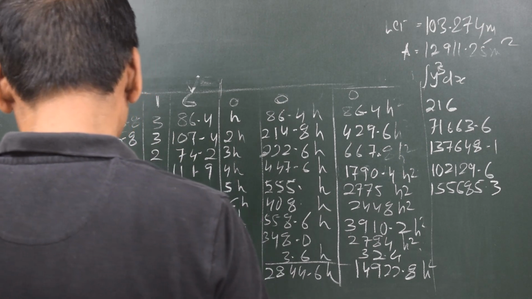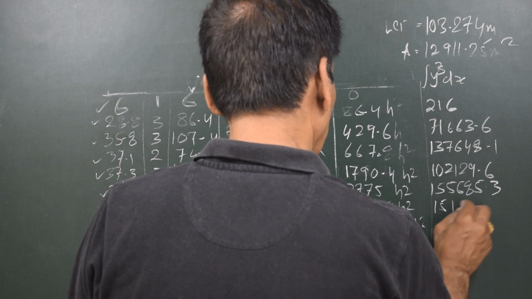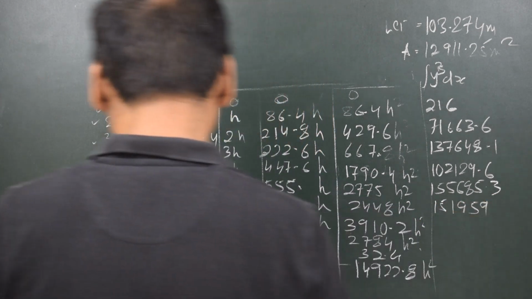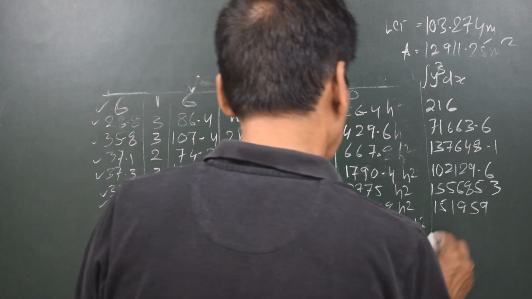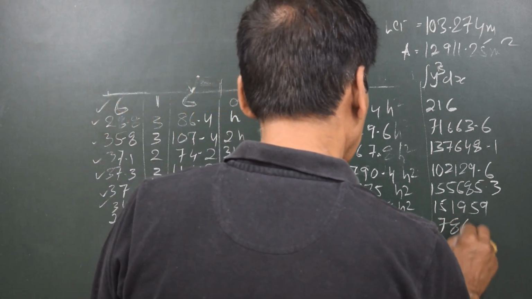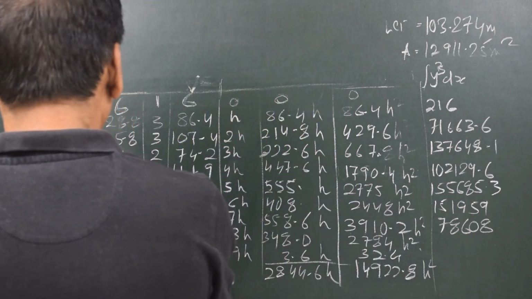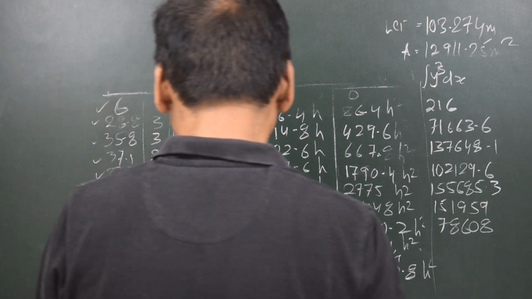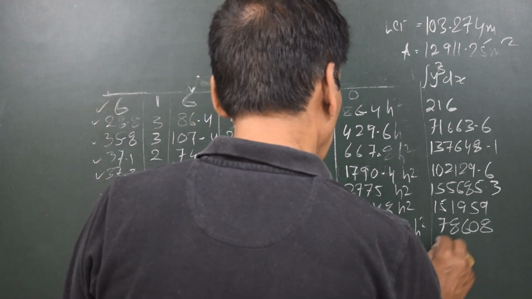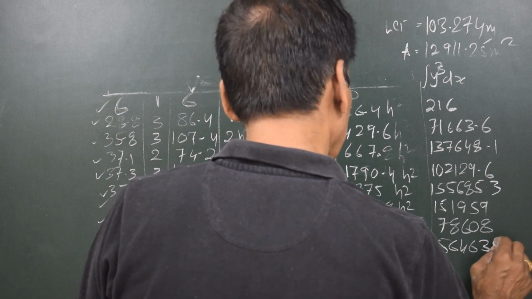Next is 151959. Next we have 78608. Then we have 56463.3.